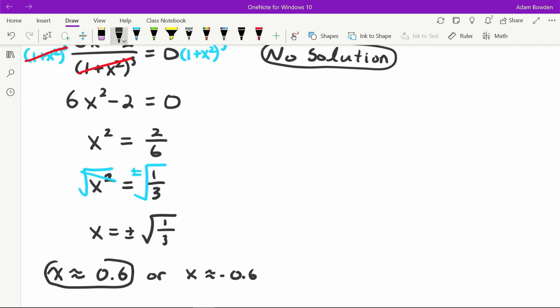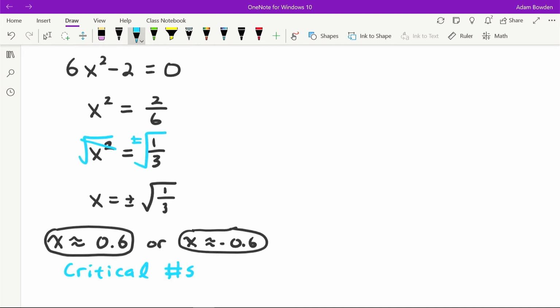Those are our only numbers that we got here from solving. Those would be our critical numbers in this case. So we're going to need to pick out the numbers on the number line accordingly to what we see here. So let me put down the points, negative 0.6 and positive 0.6.